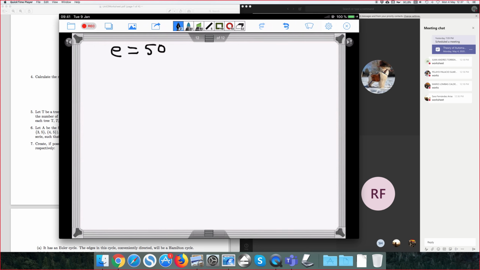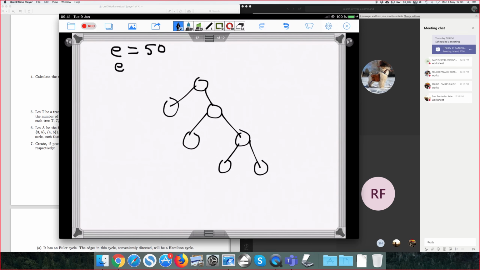We also know that this is a tree, and in a tree we have a property, which is true for any tree: we have proved that the number of edges is equal to the number of vertices minus 1. Here, for instance, we have seven vertices, and you can check that we have exactly 6 edges.